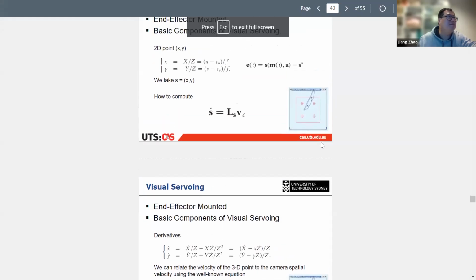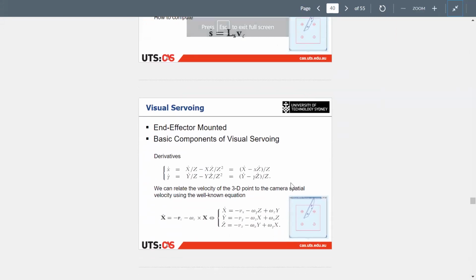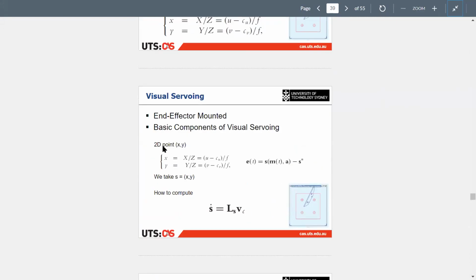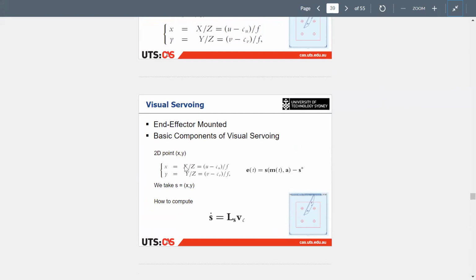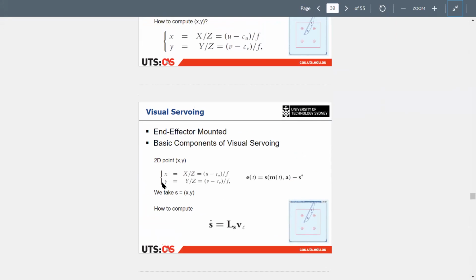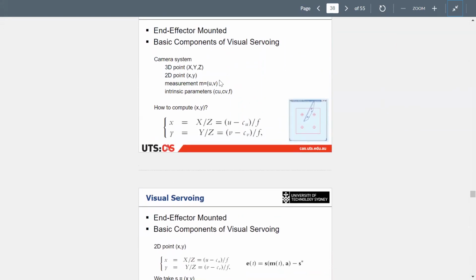It was with regards to visual servoing. I was just wondering why we calculate the 2D point x and y to find our error, rather than just getting the error in the image plane with u and v. That's a very good question. I think they do this because it's a very traditional and classic method.